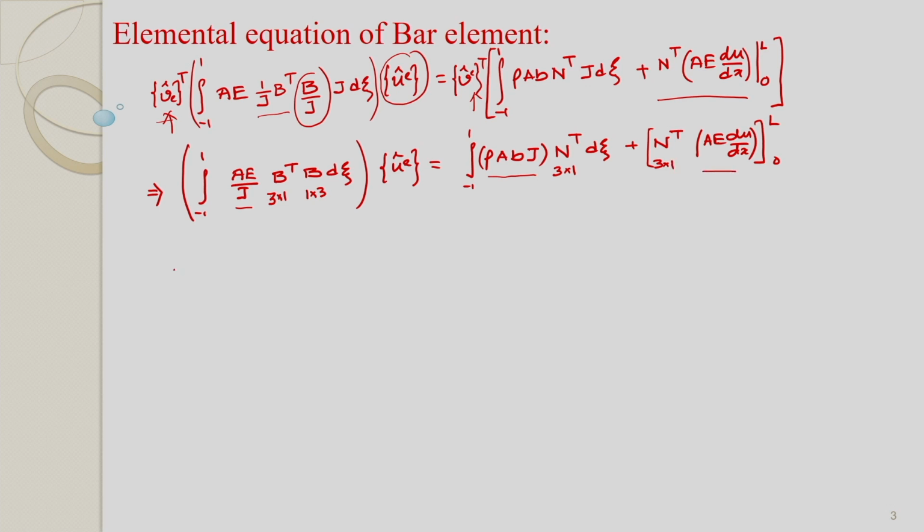So, finally, we have K e U e hat equals F e, where the element stiffness matrix K e is 3 cross 3, U e, that is the vector of dependent variable, is 3 cross 1, and this is the load vector.